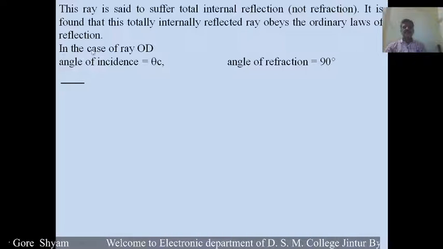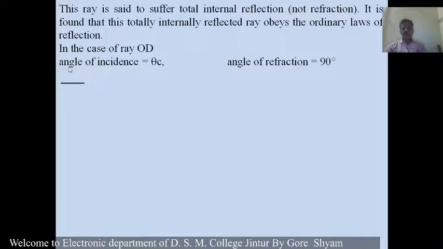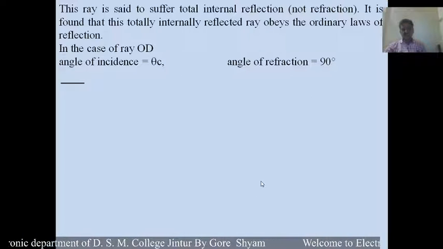Now, in this case, the ray OD means which ray? At that time, the angle of incidence is theta c, and the angle of refraction is equal to 90 degrees.